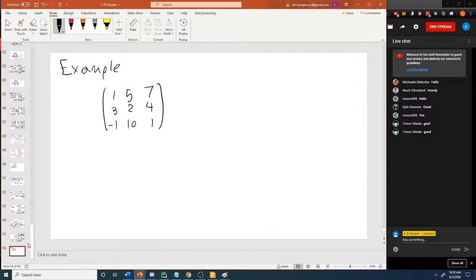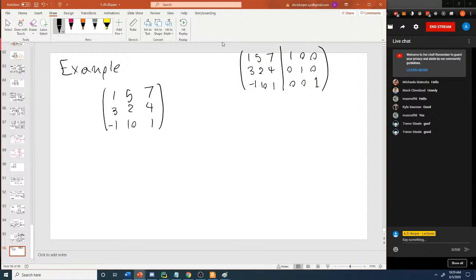And as I do it, I'm going to actually apply the operations to an augmented matrix. So my augmented matrix here is going to be 1, 5, 7, and then I'll have a bar 1, 0, 0, 3, 2, 4, 0, 1, 0, and -1, 10, and 1, 0, 0, 1.